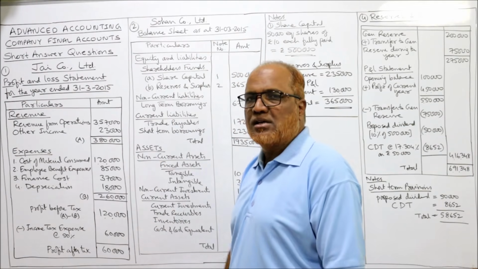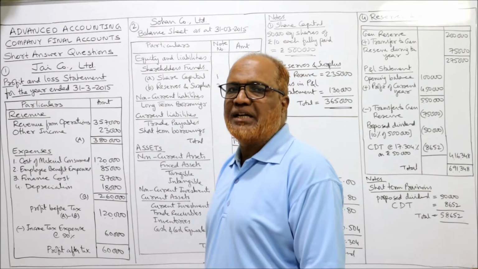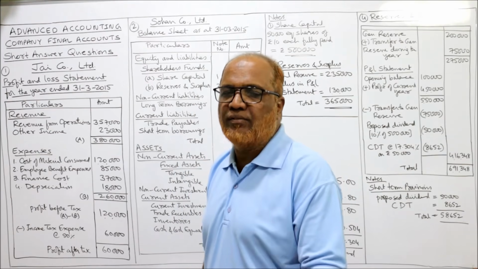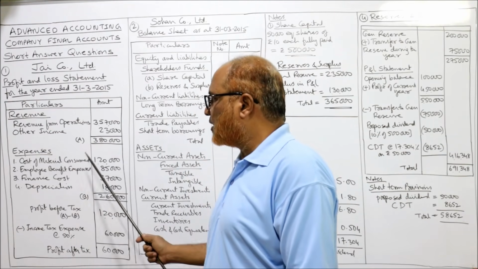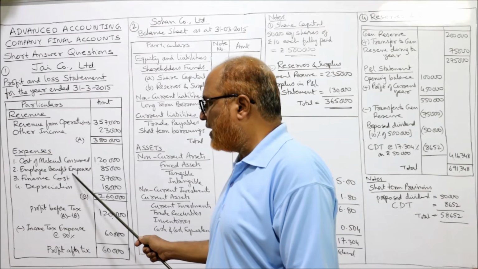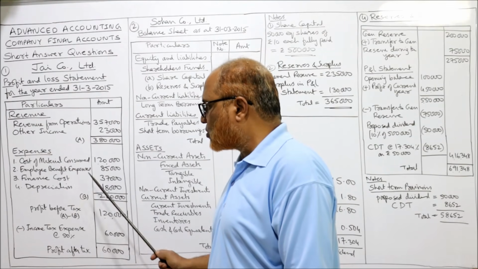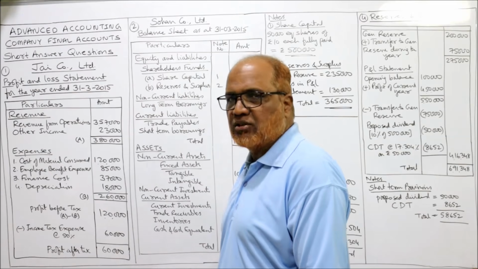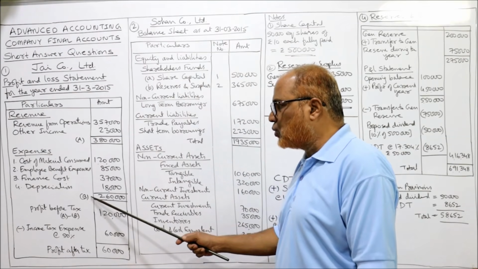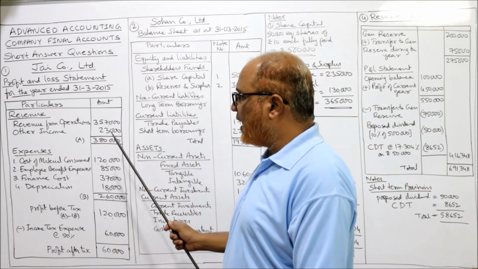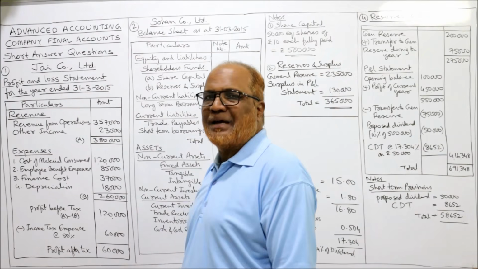Now expenses. Under expenses we take cost of material consumed, directly given in the problem, 1,20,000, employee benefit expense 85,000, finance cost 37,000, depreciation 18,000. The total of the expenses is 2,60,000. So A is the revenue, B is the expenses.